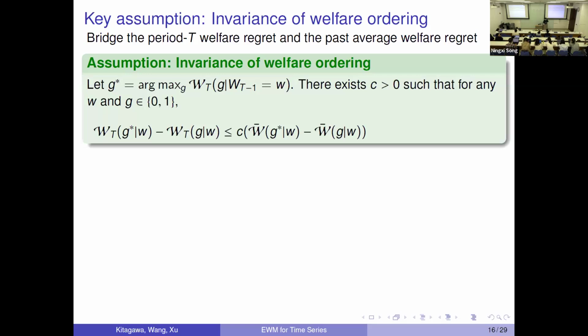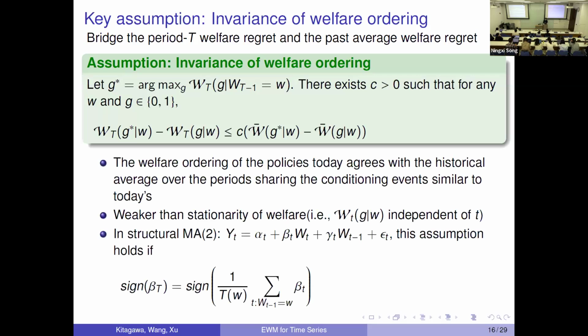Okay, and this condition looks a little bit non-intuitive, but actually, as we've shown in the paper, it can be satisfied by many structured time series models, including stationary or non-stationary time series models.